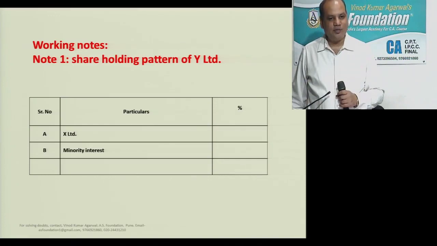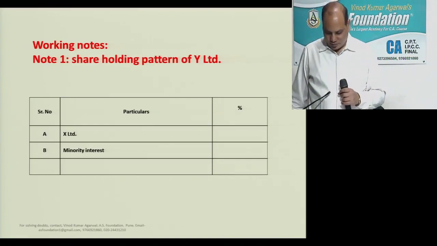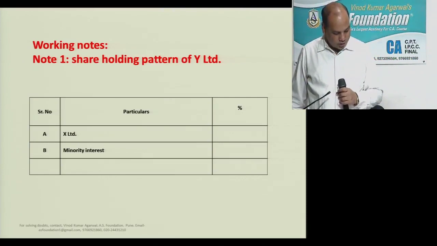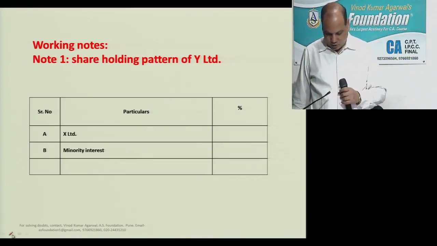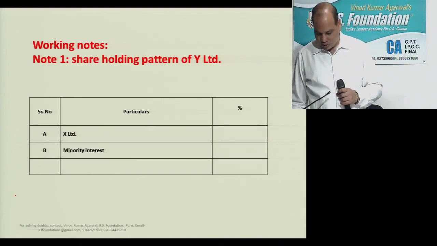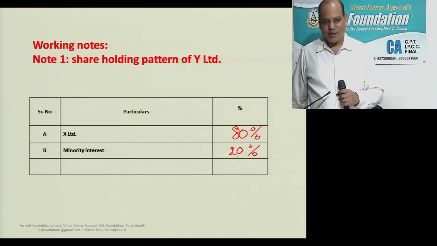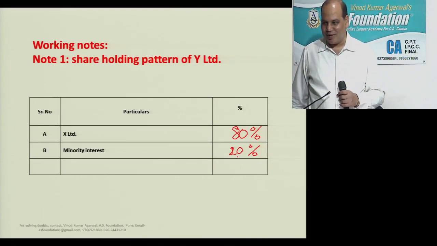Working note 1, shareholding pattern of Y. X Limited is holding how many shares? Is it 80? Right, 80. Don't remember 80. In all 4 questions it was 80. That is only coincidence. But some rattebaj will remember 80-20 only.